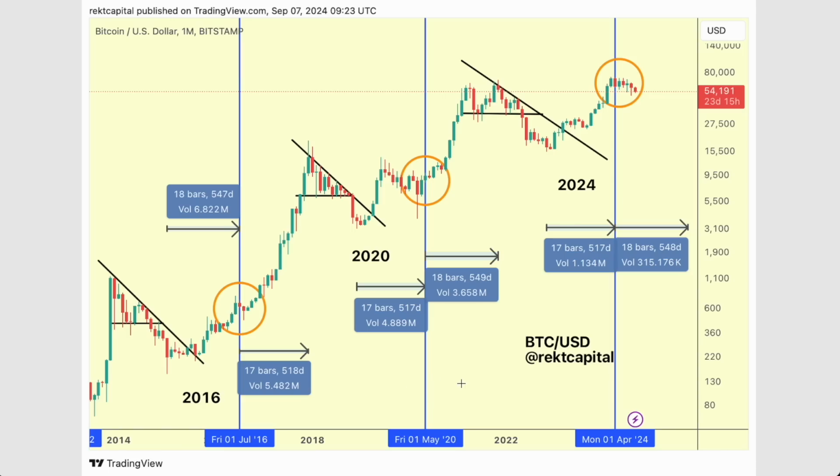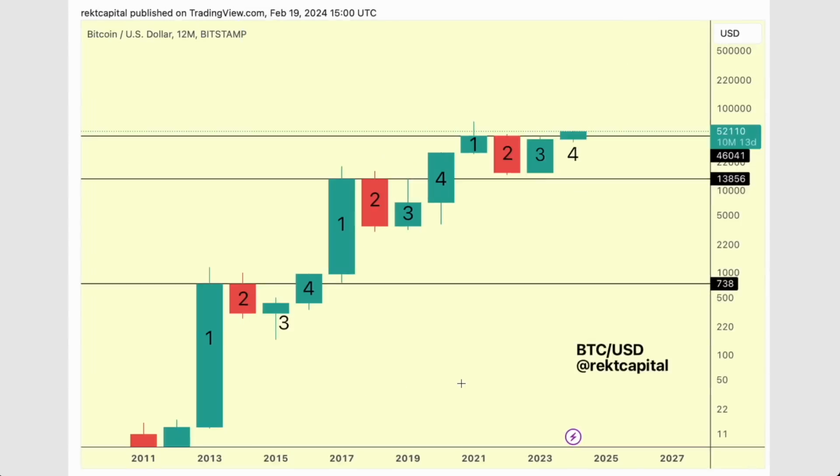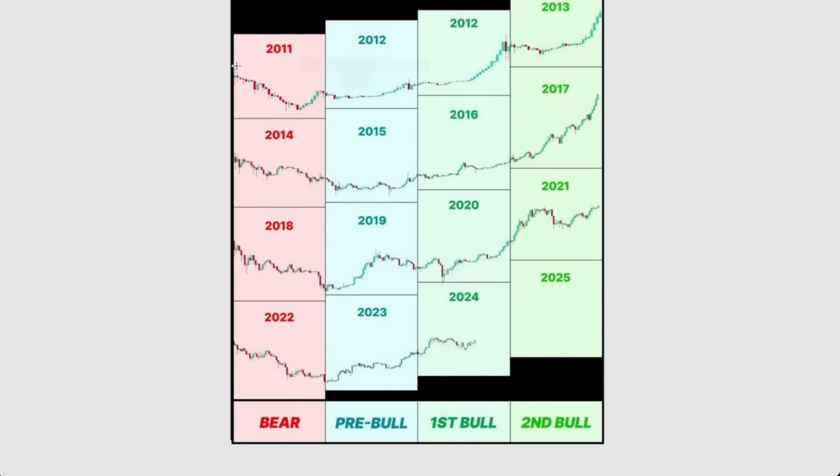And if it's this chart that you forget somehow, then at least don't forget this chart where we see all these market cycle phases across the years: bear, pre-bull, first bull, and second bull. We're in the first bull phase of the bull market, getting ready, preparing for the second bull. Going into 2025, we have to simply weather the storm that we're currently in.